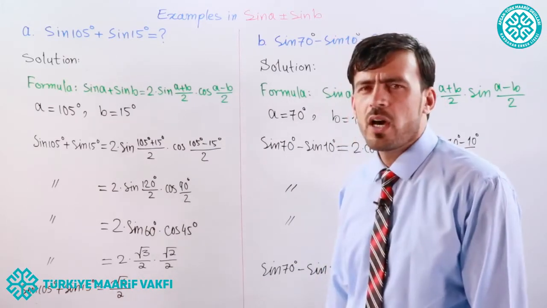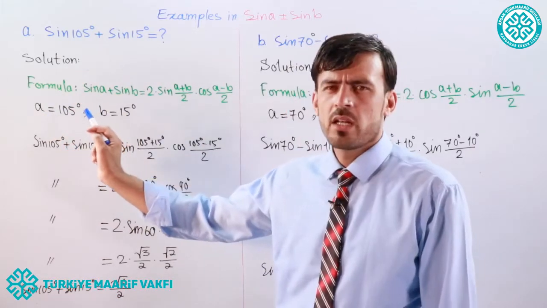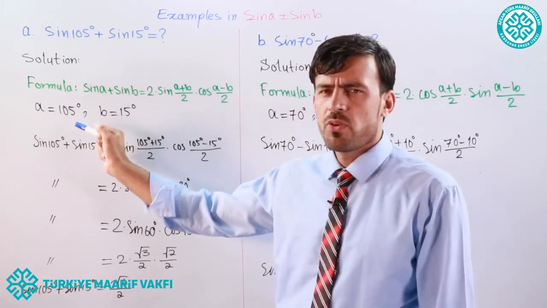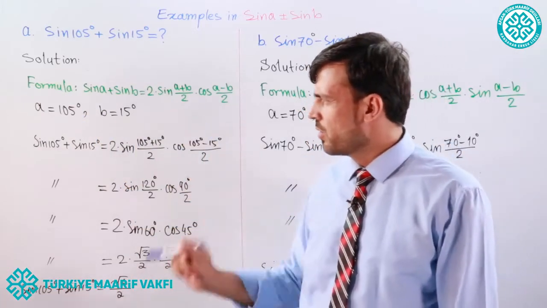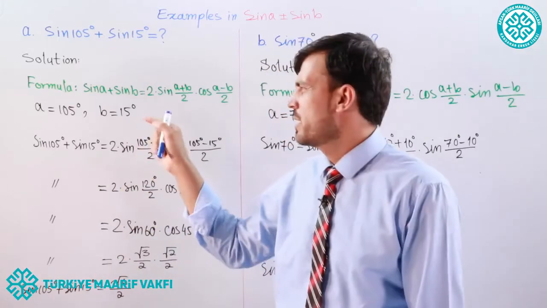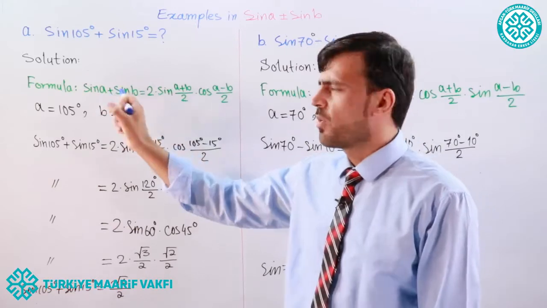What are the values of a and b? Here in this example, a is 105 degree and b is 15 degree. We are going to put these numbers instead of variables.